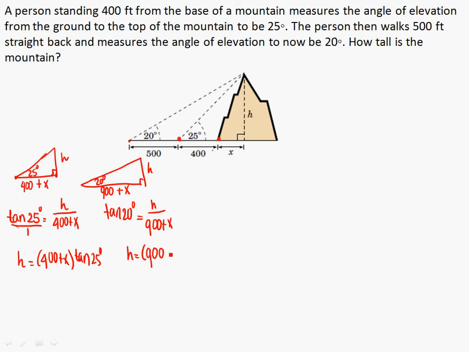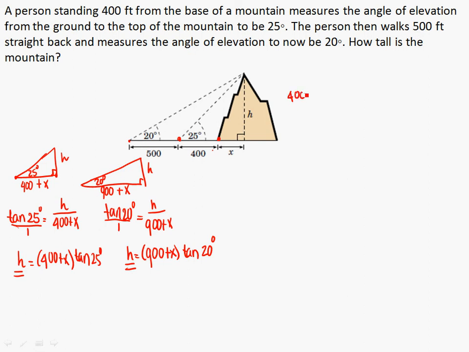The height should be, anybody? 900 plus x times the tangent of 20 degrees, right? So what can you do here? Yeah, sort of substitute. They're both equal to the same height, aren't they? Doesn't that imply then that this has to be true?